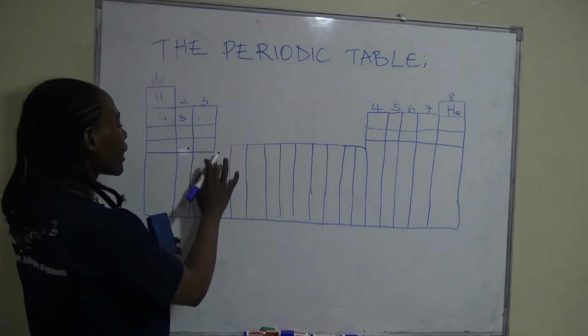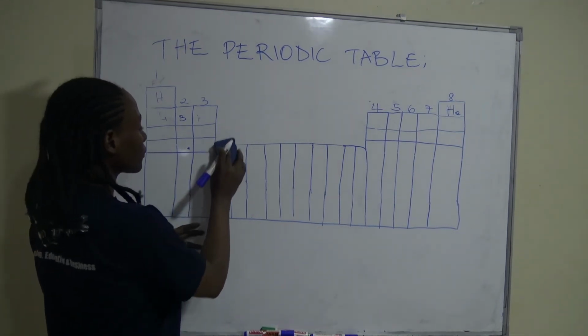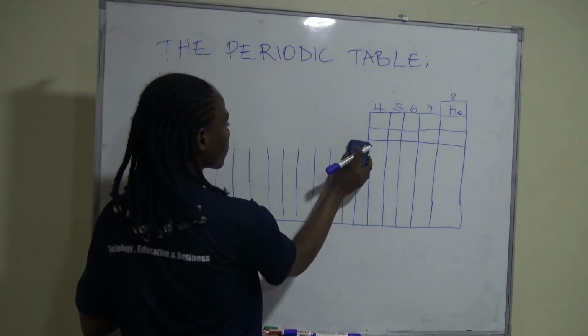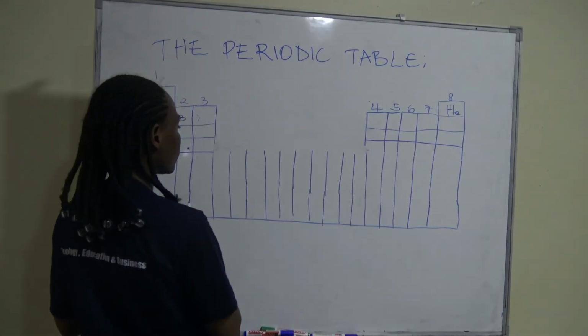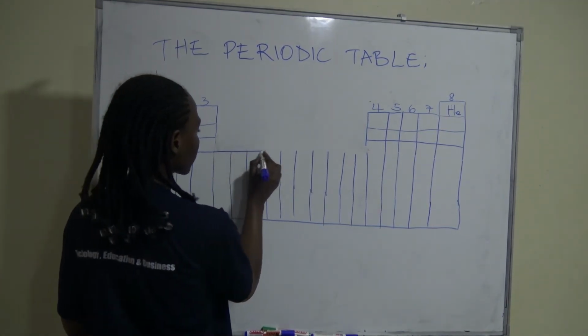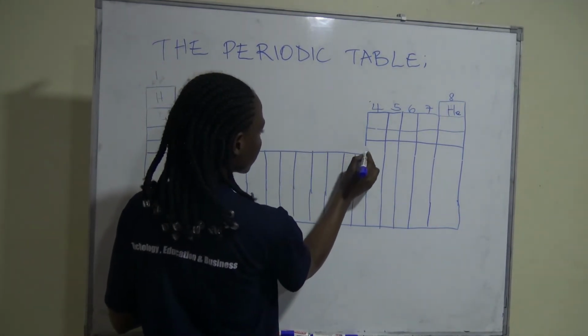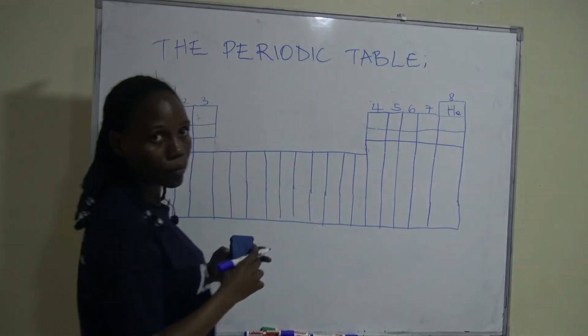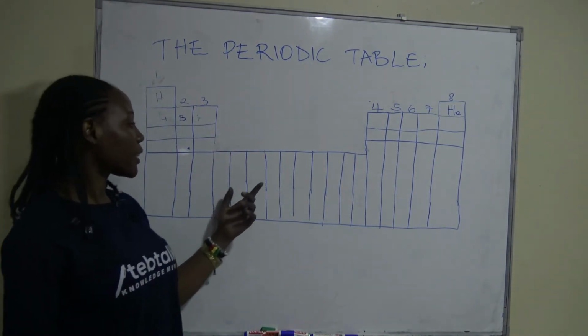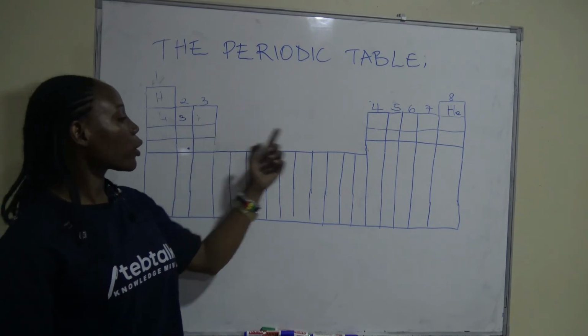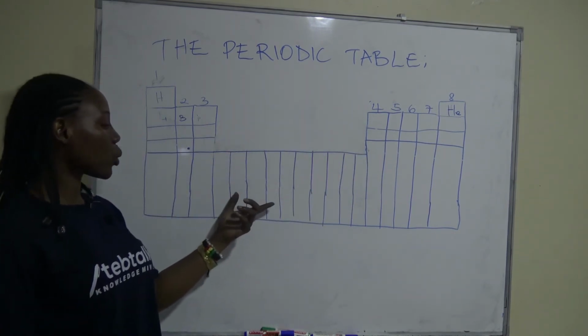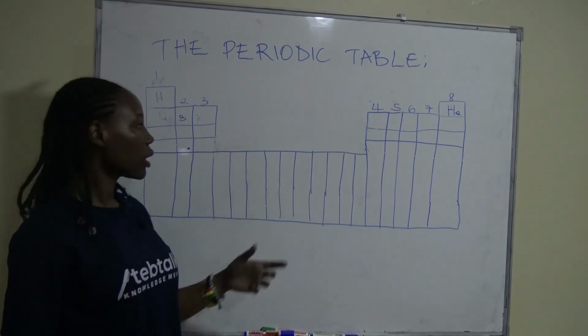So you'll find that these are the normal elements, and then we have these ones we call the transitional elements.